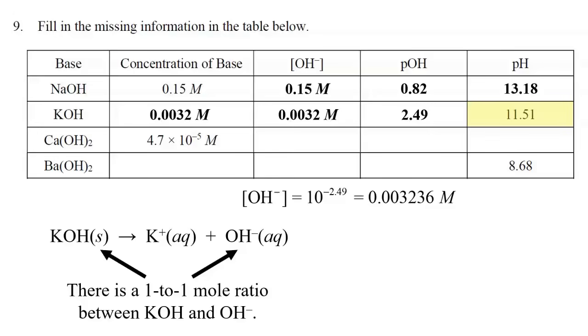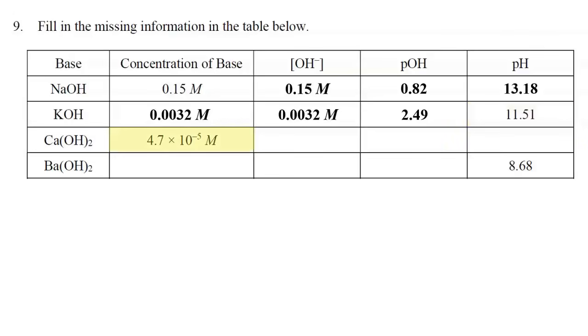So now that I've completed the second row of the table, I have to be careful with the next 2 rows of the table because now there is a 1-to-2 ratio between the formula of the compound and the number of moles of hydroxide. So I see calcium hydroxide has a concentration of 4.7 times 10 to the negative 5.